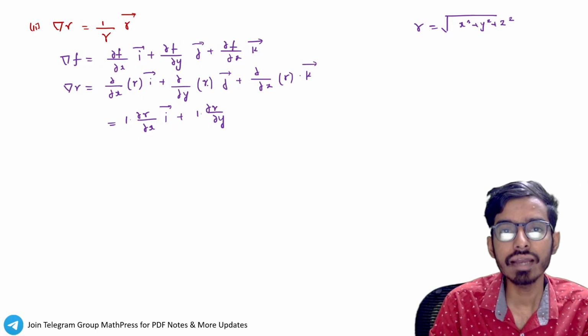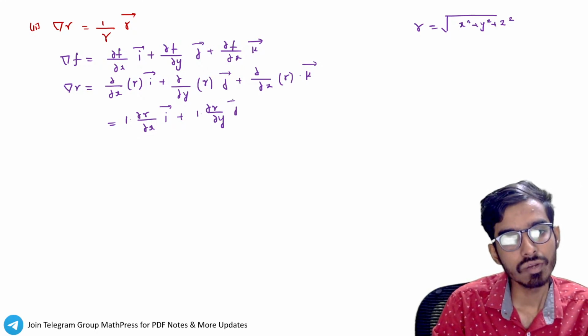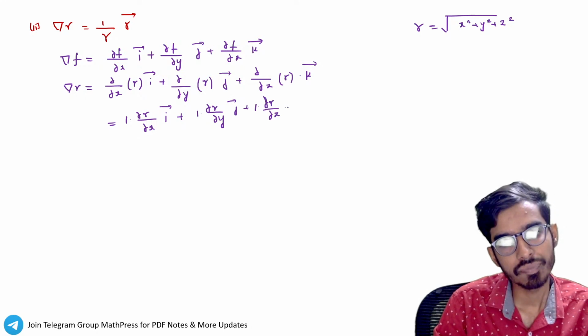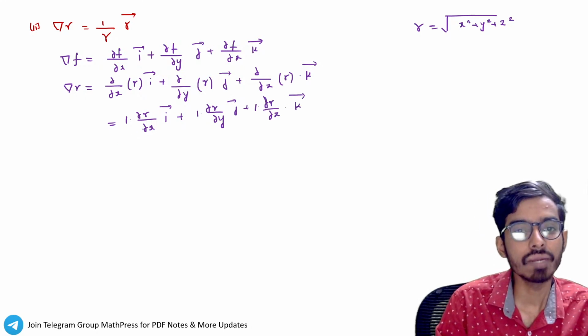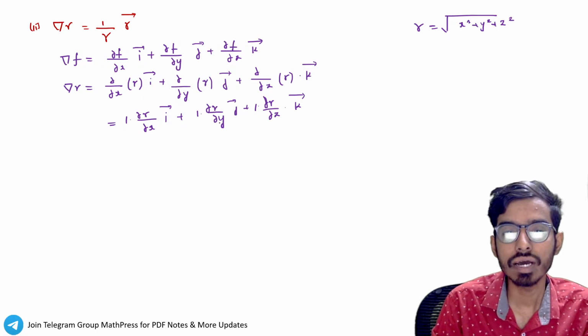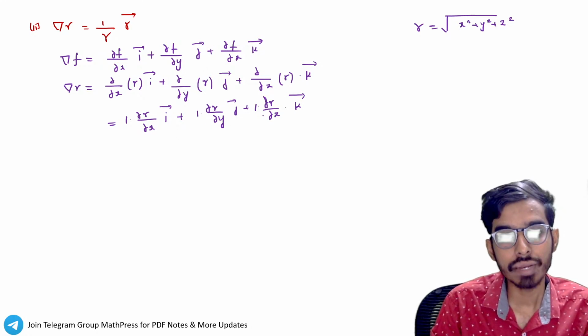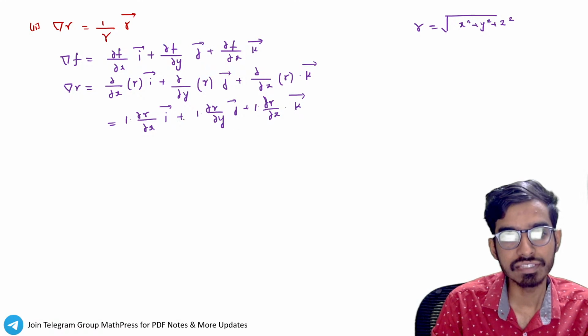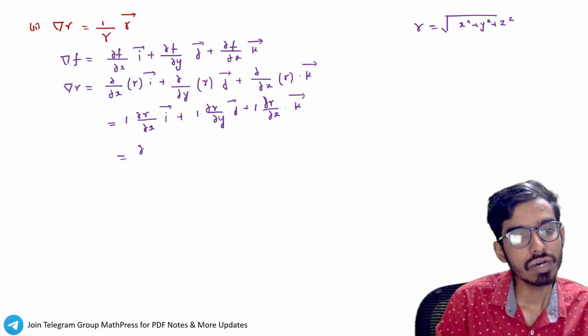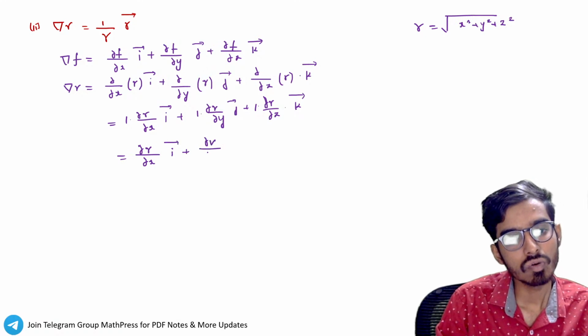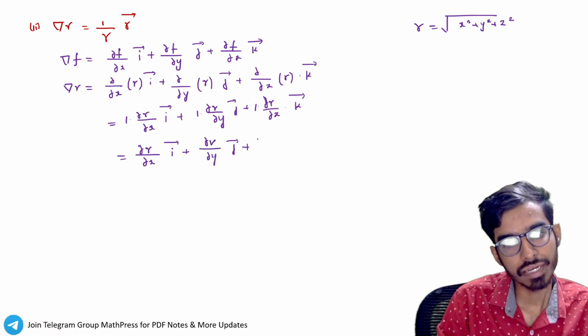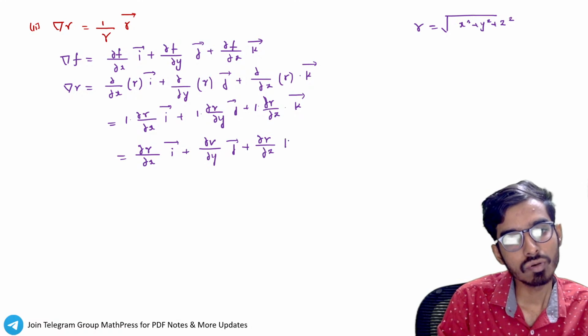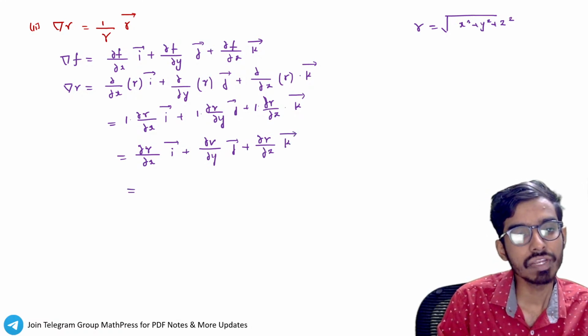But we don't know ∂r/∂x, ∂r/∂y, ∂r/∂z, right? We need to find these three.